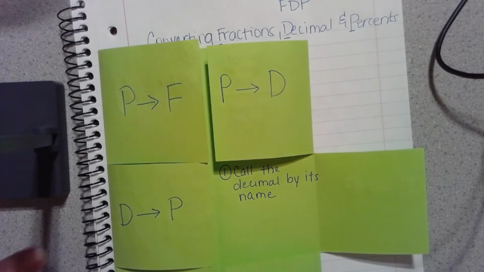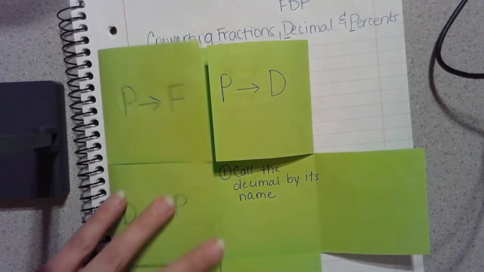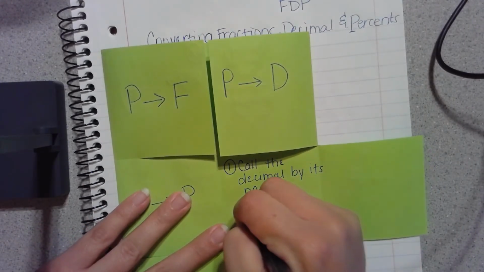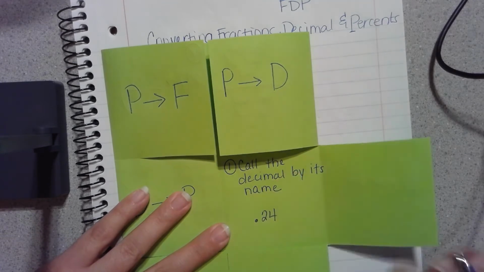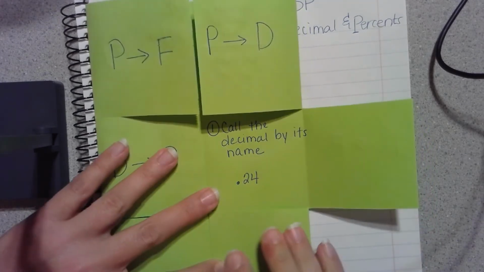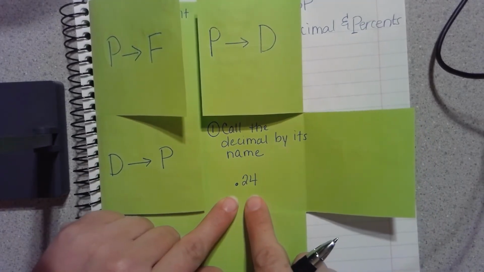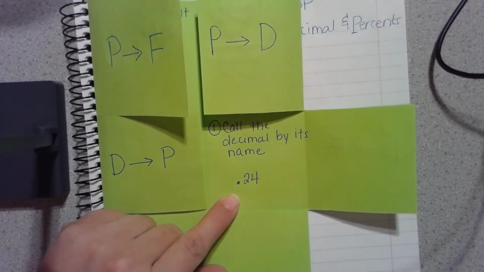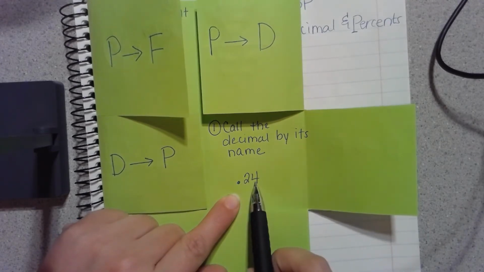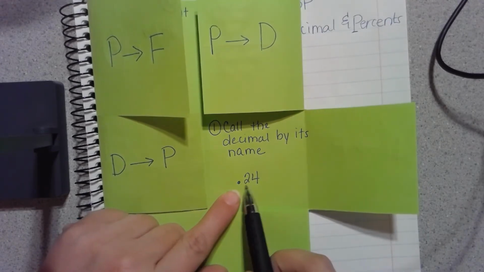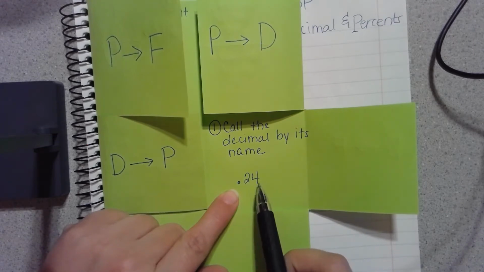I didn't say call it names, I said call it by its name. So if we have the decimal 0.24, well, that's the way we say it when we're just trying to clearly let everybody see what we're talking about. But the correct way to say it, the mathematical way to say it, is 24, and then you say its place value. Its place value is hundredths.